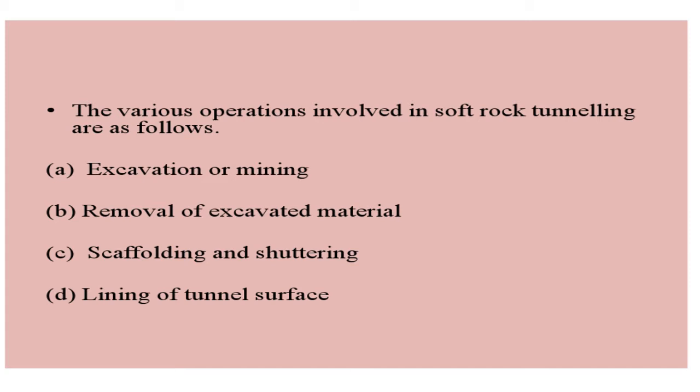That is, a temporary support is to be given, and that is called scaffolding and shuttering. Then once you have provided all this timbering work, or supports to the sides as well as the roof, you have to provide a lining for the tunnel surface so that protection is ensured. No soil falls from the sides or the roof, and the workers who are working are also safe enough.